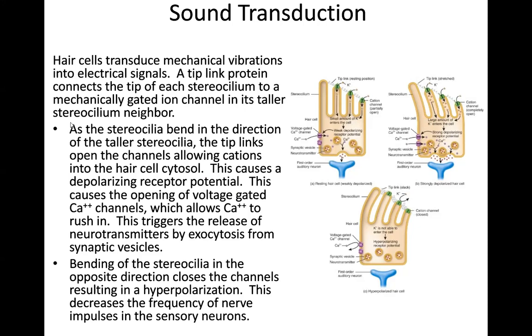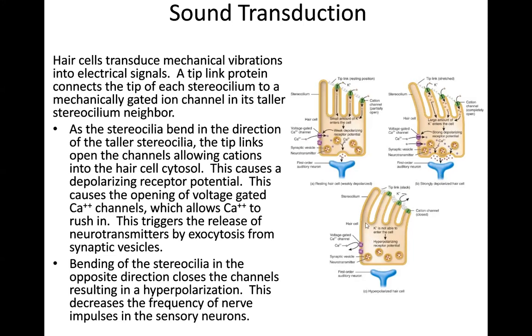If they bend in the direction of the taller stereocilia, those tip link proteins open up the ion channels, allowing things like potassium that you see here to come in. This causes a depolarizing receptor potential, and that therefore triggers the release of neurotransmitters to activate those first order neurons.